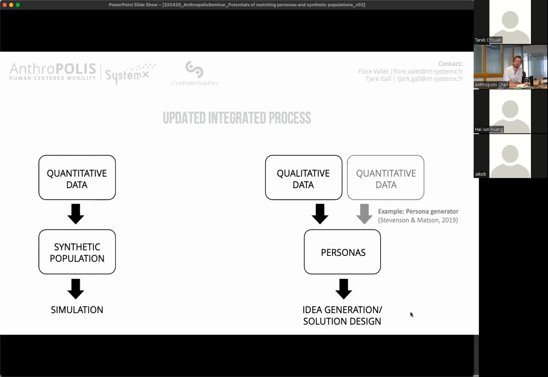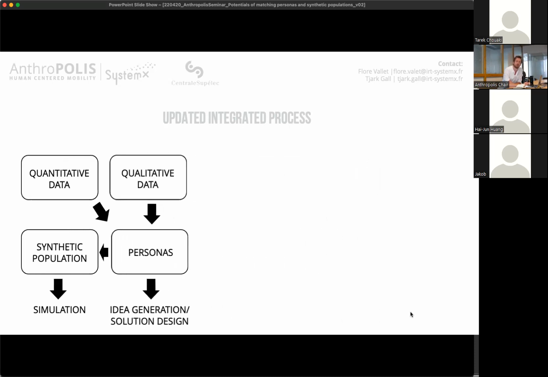What we are proposing is to, first of all, combine this into one workflow, so both of them can work together, which is more or less what we are doing at the chair. So combining work from different disciplines, from different angles in order to supplement each other's work and use both quantitative and qualitative data, so improving at least the personas, hopefully the synthetic populations.